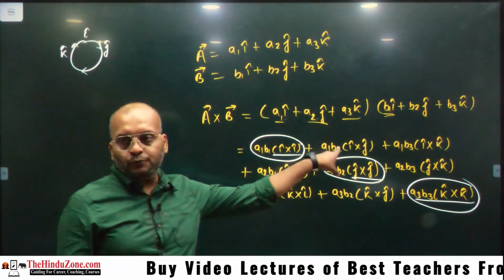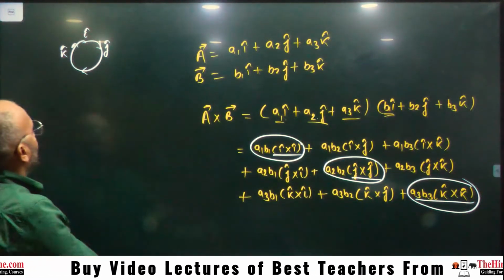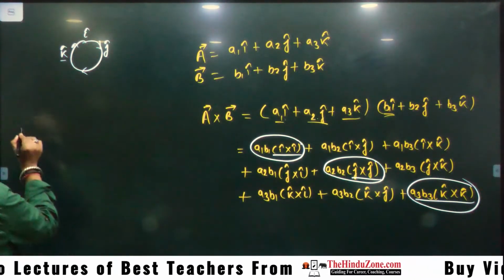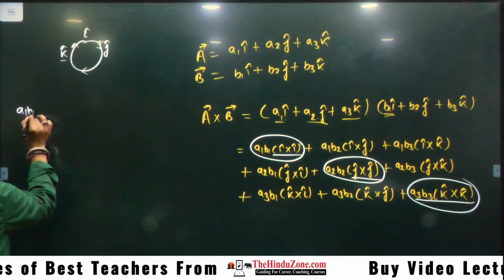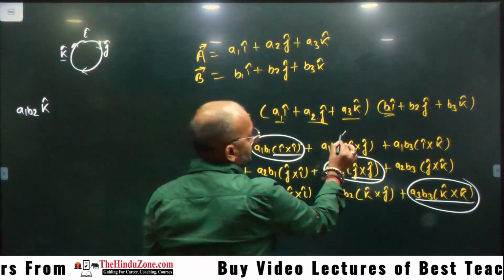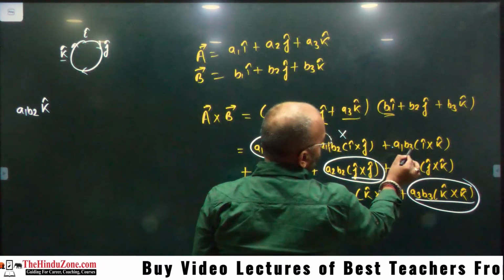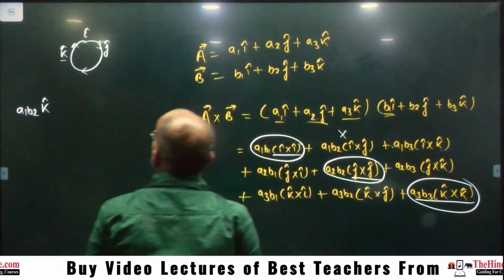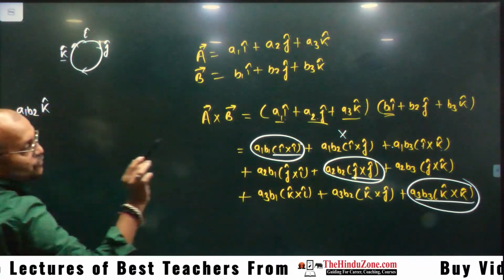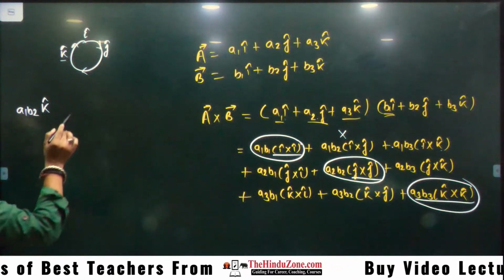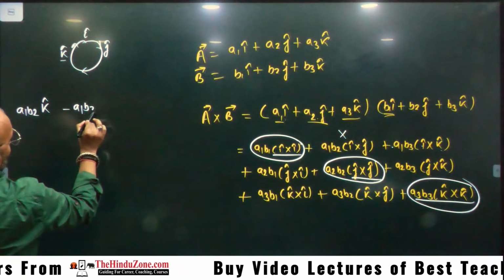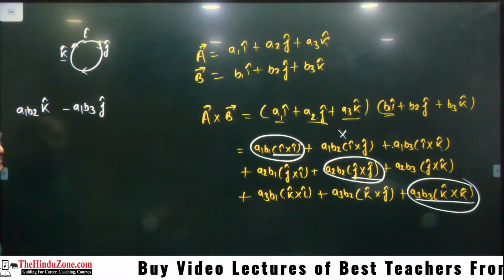Now A1 B2, I cross J will give you K cap, so A1 B2 K cap. A1 B3, I cross K is anti-clockwise, so you will get minus J, so minus A1 B3 J cap.